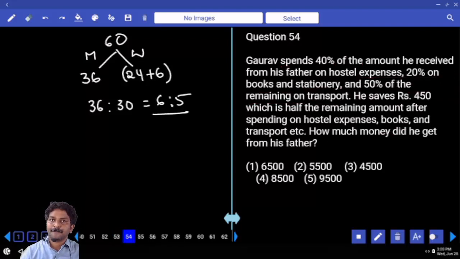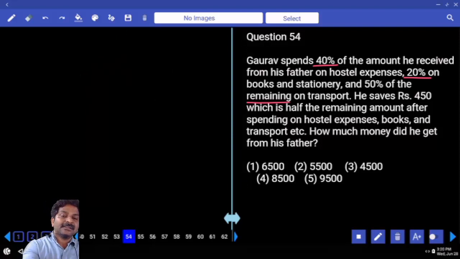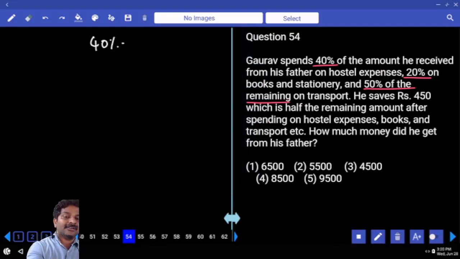Gaurav spends 40% of the amount he received from his father on hostel expenses, 20% on books and stationery, and 50% of the remaining. Okay. So far 40 plus 20. Remaining is 40% only. Out of this 50%, which is 20%. What is remaining? 20%.